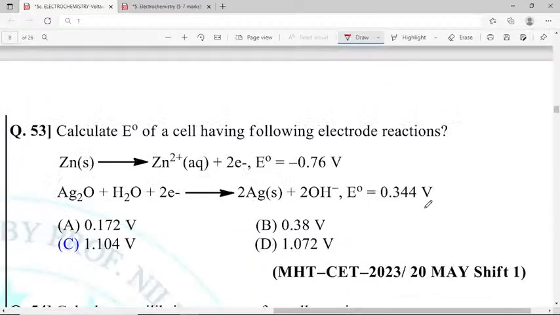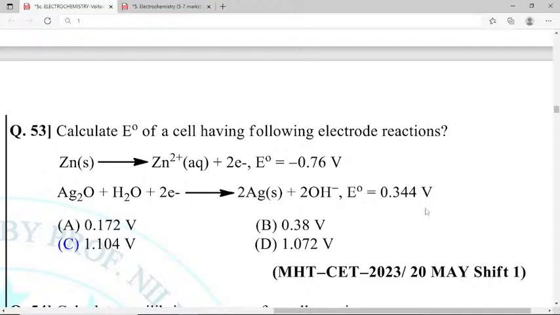Calculate the E naught of the cell having the following electrode reactions. Again, the E naught of the cell. Then what is the reaction here? Zinc is the anode, silver is the cathode. Oxidation reaction should be the anode, reduction reaction should be the cathode. Loss of electrons is oxidation, gain of electrons is reduction. So simple.